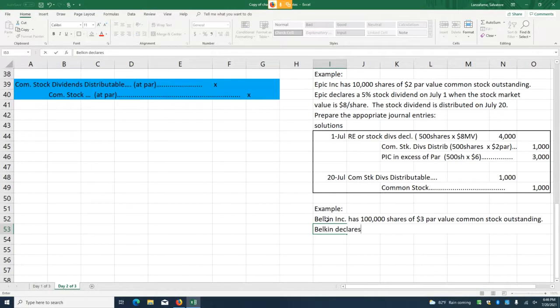Notice the lingo. They declare a 40% stock dividend. So immediately you're thinking this is an example of a large one, right? A 40% stock dividend on March 2nd when the stock market value is $72 a share. What do we do with that 72?